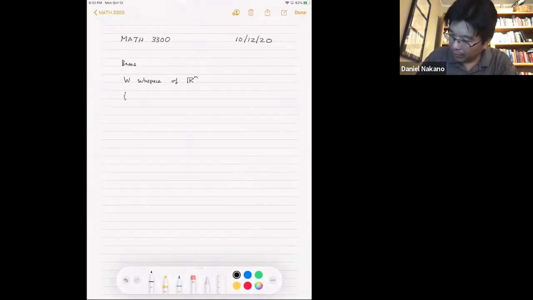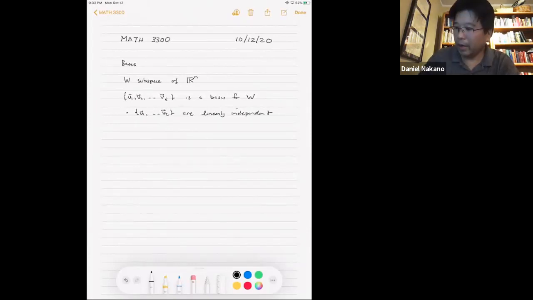So let's say that v1 up to vt is a basis for W. What does that mean? Well, first, it means that these vectors are linearly independent.